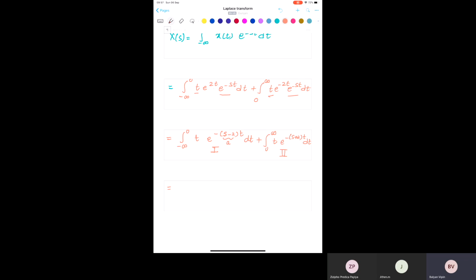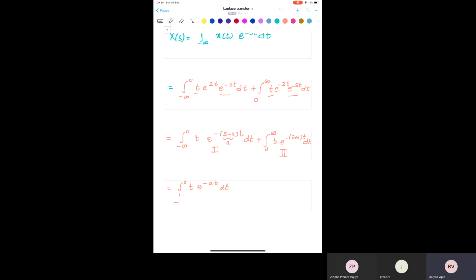Let's say the limits are 1 and 2. For this part, it is minus infinity to 0. For this part, it is 0 to infinity. So it is t. Just to make it easier for us to solve the integration, we can then put the upper limit and lower limit, and then put the value of a.